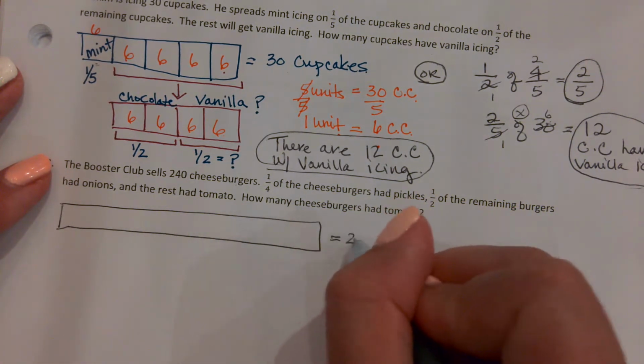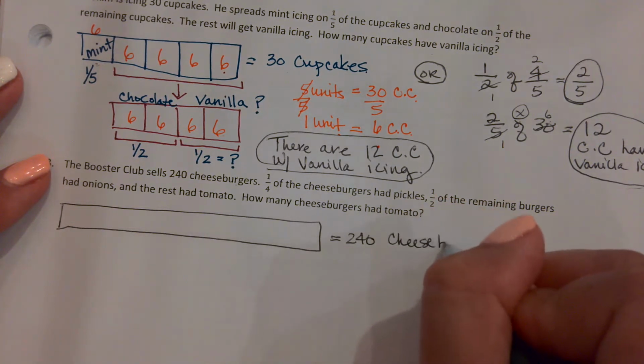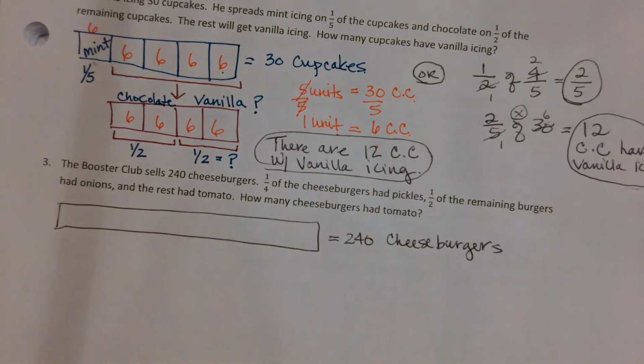Is equal to 240 cheeseburgers, right? Okay. Now, 1/4 of the cheeseburgers had pickles. Half of the remaining burgers had onions, and the rest had tomato. So, how many cheeseburgers had tomato?